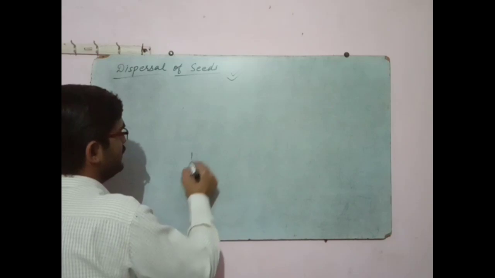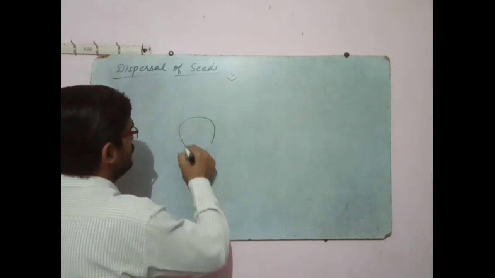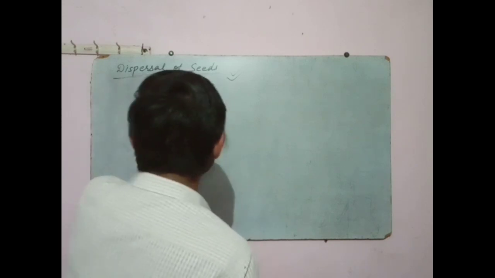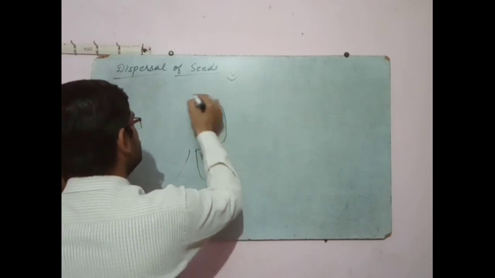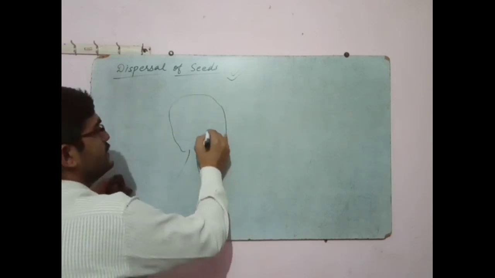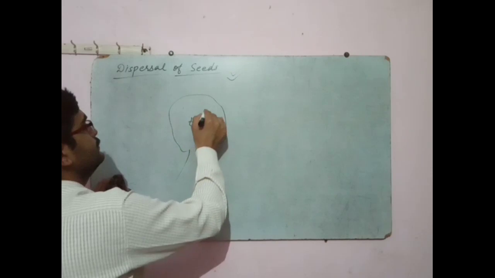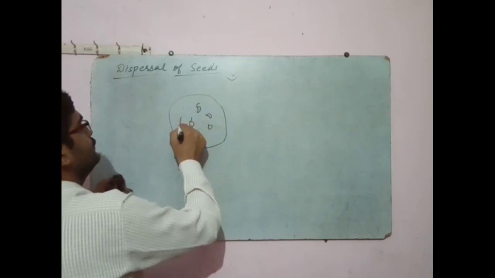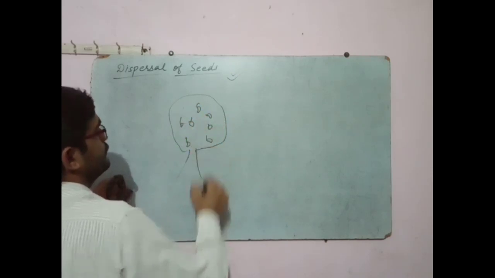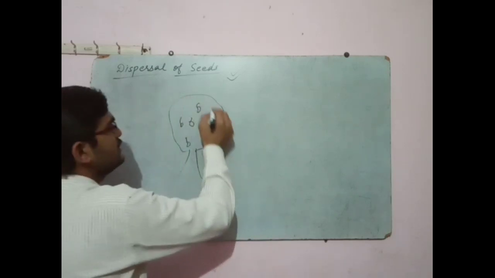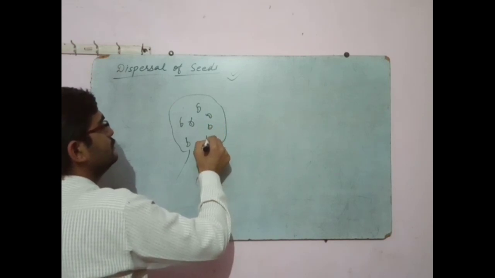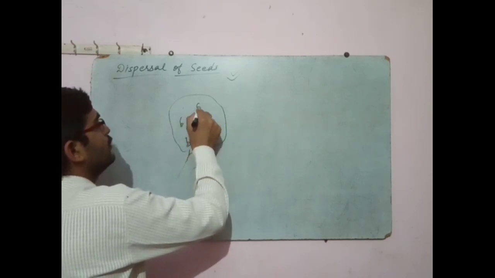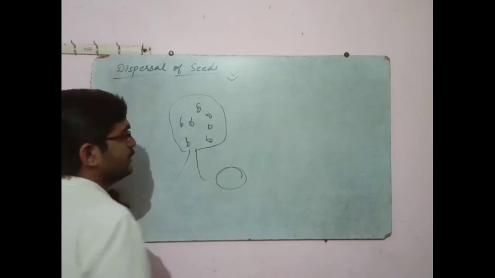Suppose this is a parent plant, okay. It has some fruits. If all these seeds which are developing in these fruits are dropped at one place, then what will happen?